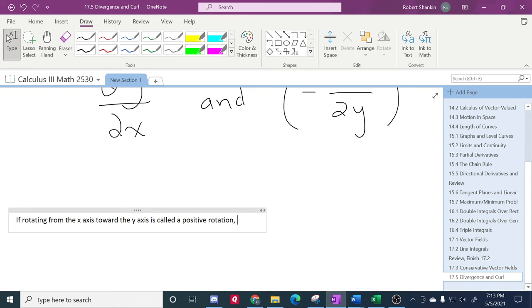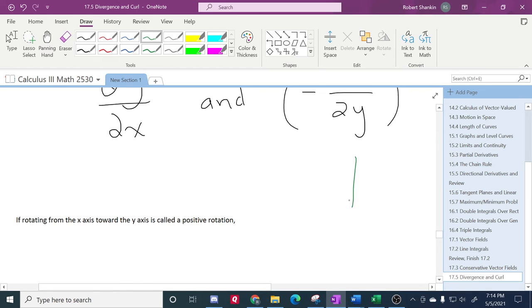Now this direction is natural for us to call positive, because in trig, when you had an angle theta, you called this the positive direction, rotating from the x-axis toward the y-axis. So it's consistent with what we've been doing all along. It's called a positive rotation.